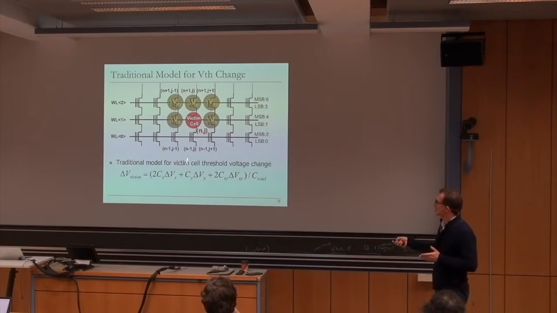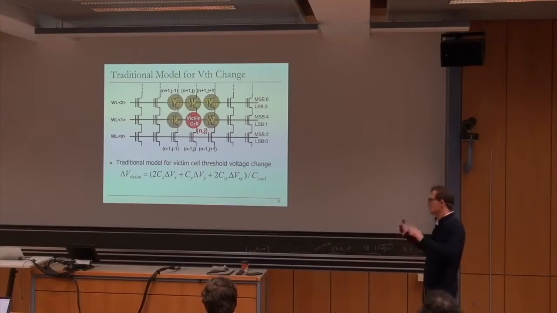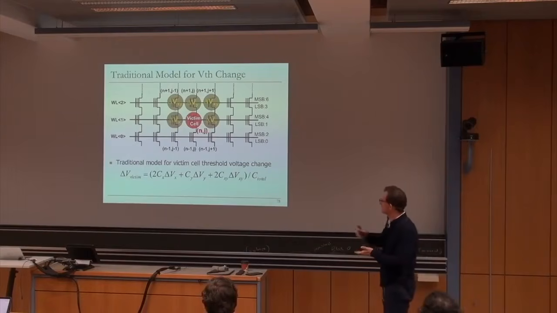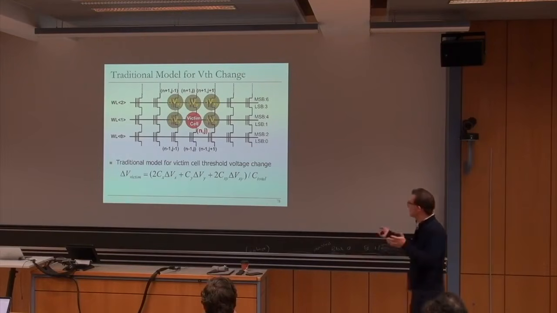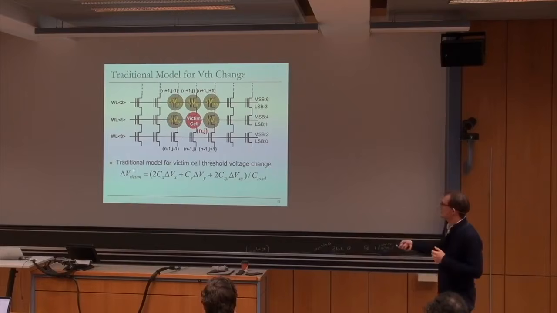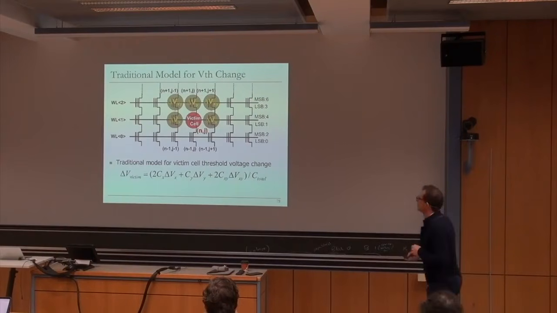You can see that if this changes by delta Vx, you have some coupling capacitance between this, and it's multiplied by 2 because it's essentially a bigger effect than this one. But you can basically say that the delta V of the victim is a function of the delta Vs of adjacent cells times the coupling capacitances of the adjacent cells.